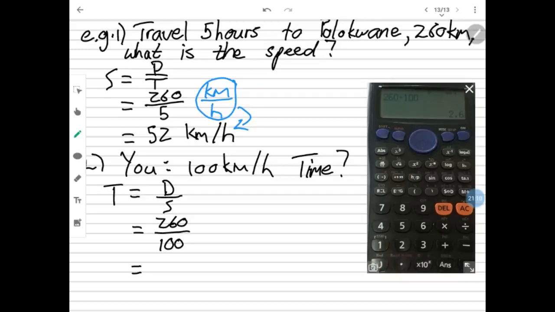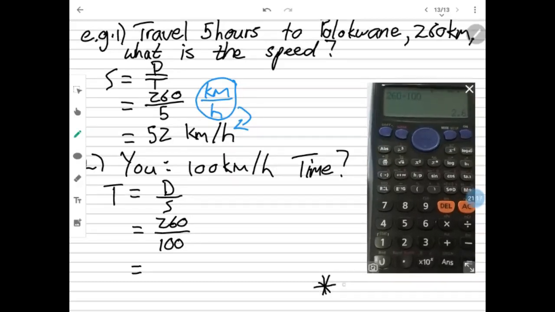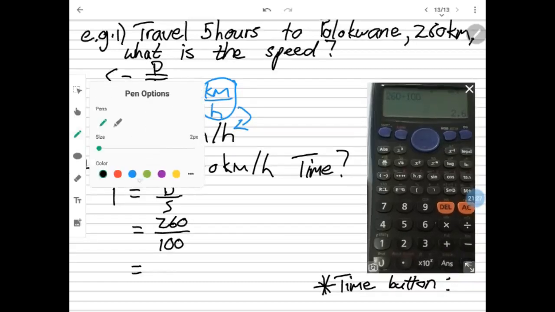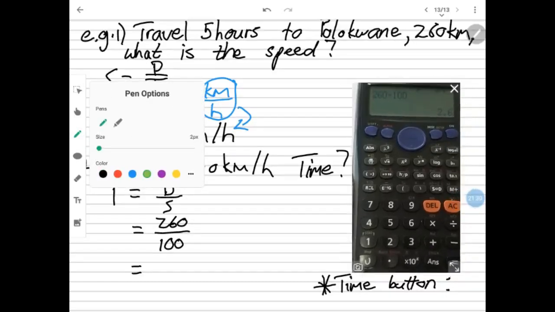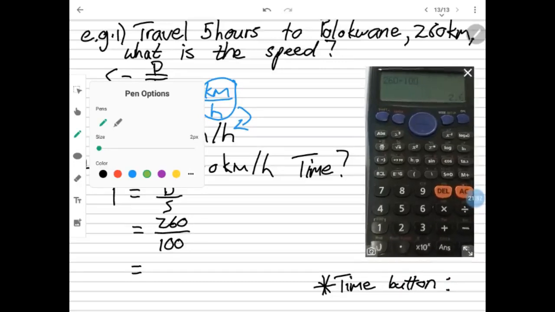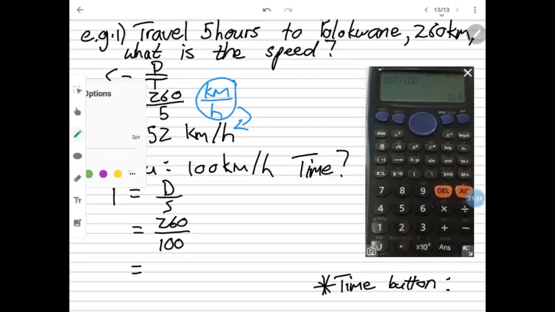Now to figure out what that is, we press the time button. Very important. Make a star somewhere and say the time button. I don't know if this is going to work on the screen. Let's see if it works. No, it doesn't. Okay, I'll draw the time button for you.